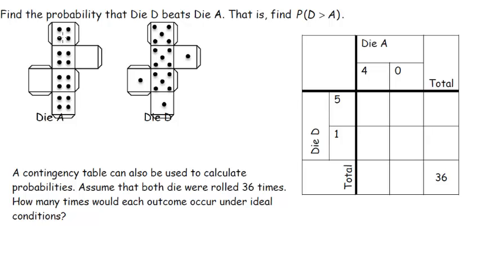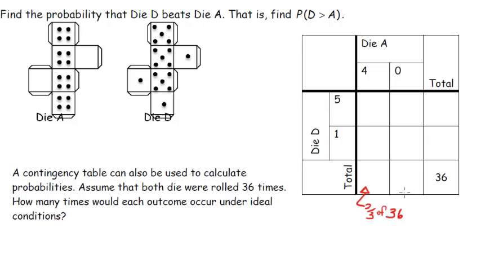I would get 4 4s and 2 0s under perfect circumstances. Well, let's say I rolled it 12 times. Well, if I rolled it 12 times, I would think I'd get 8 and 4. So here, to find out how many times I'd get a 4, well, I want to know what is 2/3 of 36.